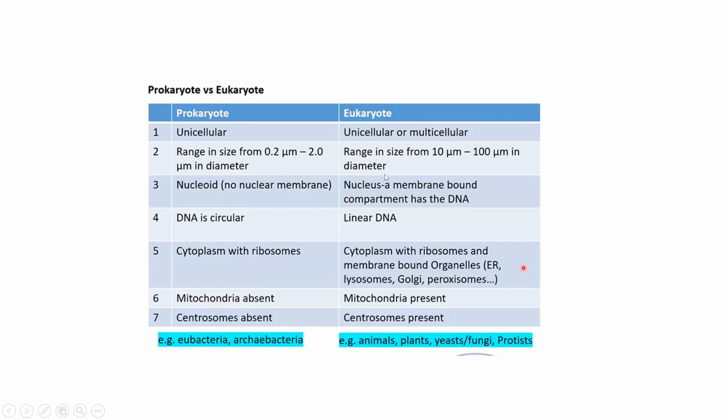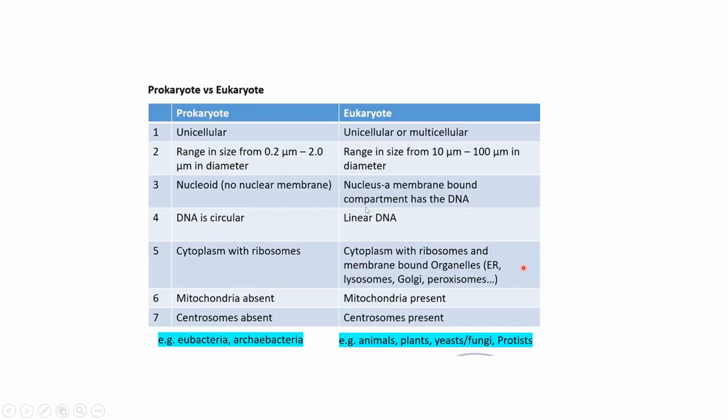Okay, and the eukaryotes are generally multicellular. Unicellular eukaryotes are also present, such as yeast. Okay, so yeast is a unicellular eukaryote, and eukaryotic cells range in size from 10 micron to 100 micron in diameter. And there is a presence of a nucleus, and it is membrane bound. Okay, so the nucleus is a membrane-bound compartment which contains the DNA inside it.